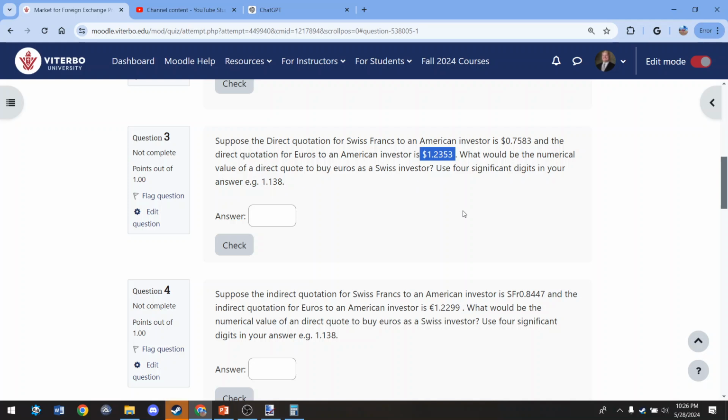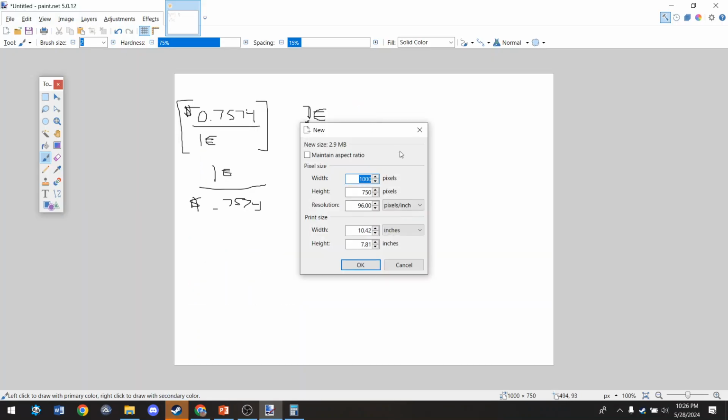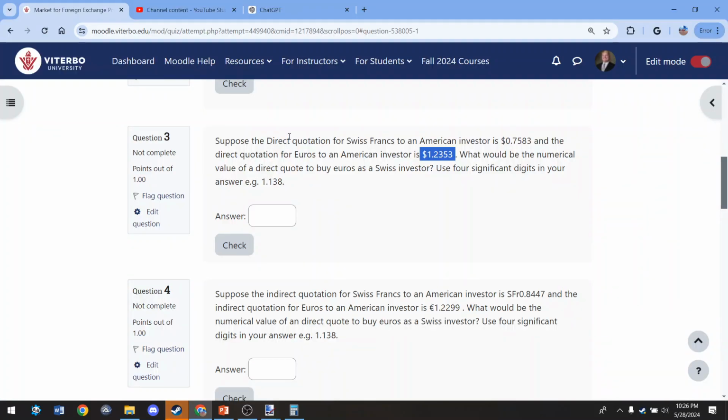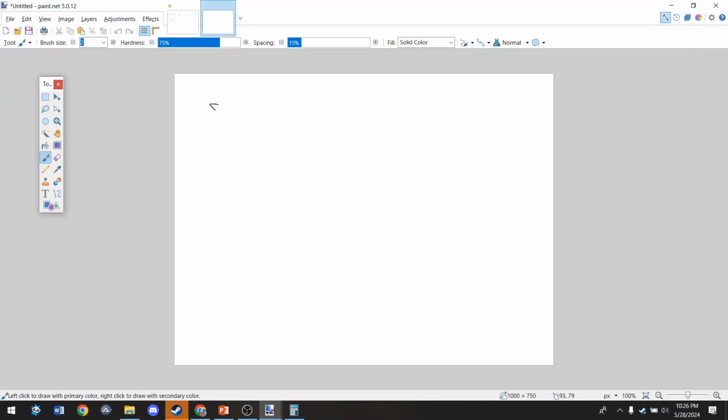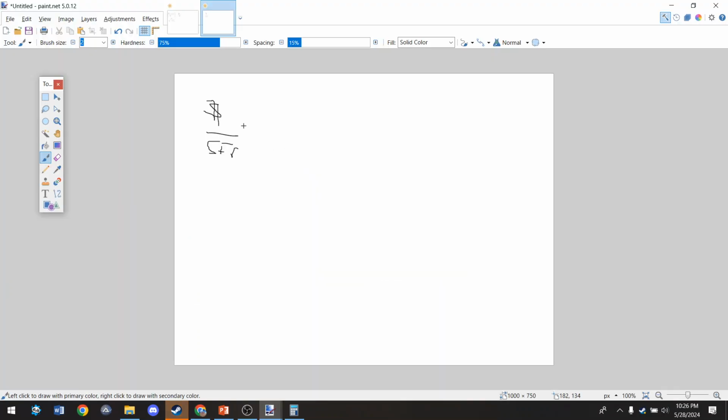So let's do some bookkeeping here. We know we have dollars per franc, SFR, and that's 75 cents per one franc.